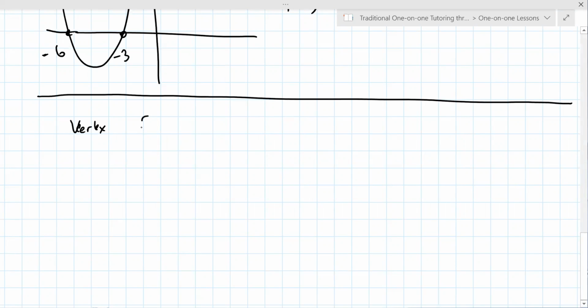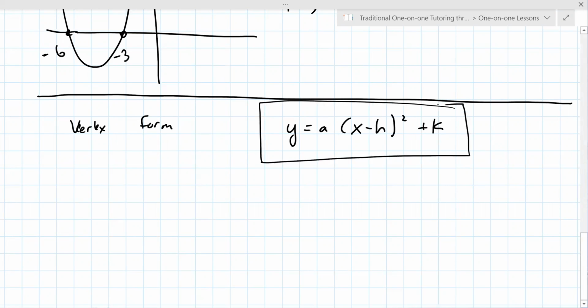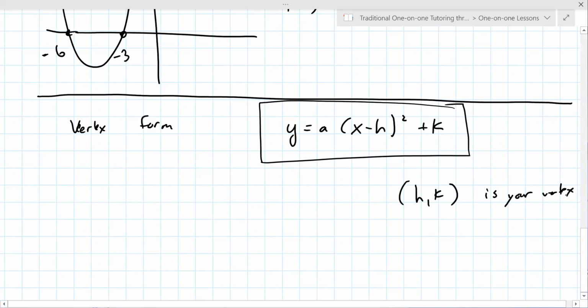All right. So that's y equals a times x minus h squared plus k. Make sure you have this written down. Vertex. H comma k is your vertex. Okay, h and k. All right, so you got this down?